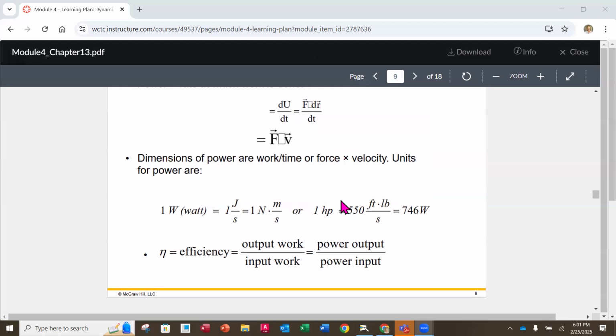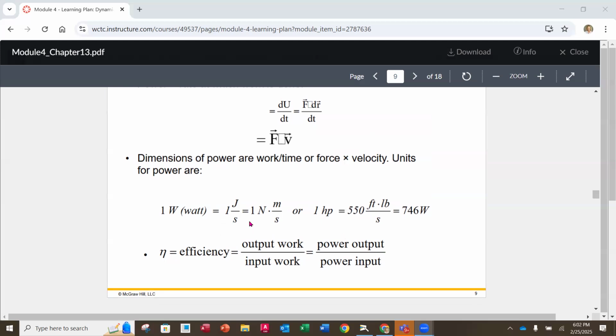Now, as we look at the dimensions or the units for power, very popular is the watt or the kilowatt. Those are going to be the units in the metric system, and that's going to be a Newton meter per second. So that's going to be a joule per second, Newton meter per second, and then a kilowatt is going to be 1,000 watts. Now, in the English system, we can't make this easy.